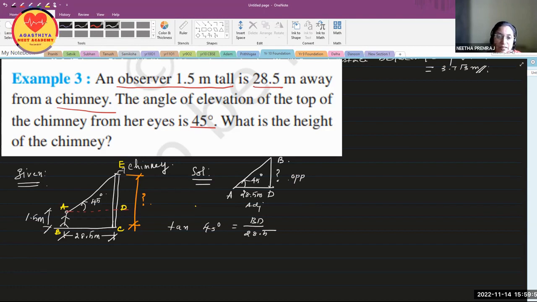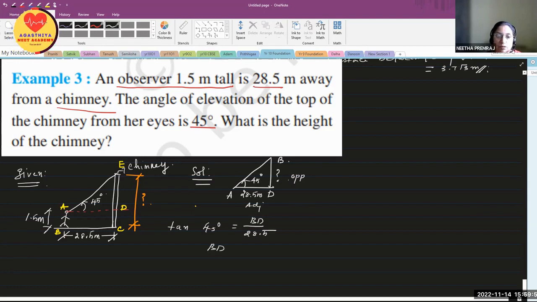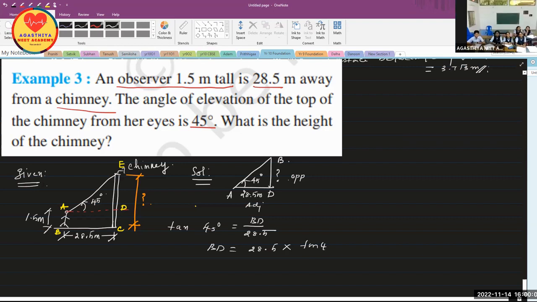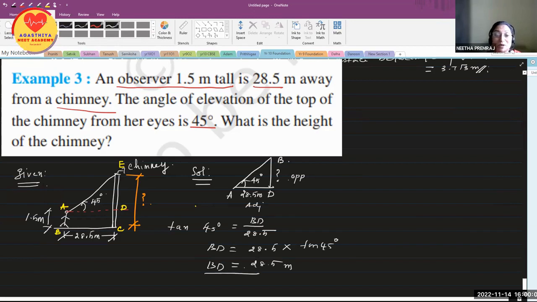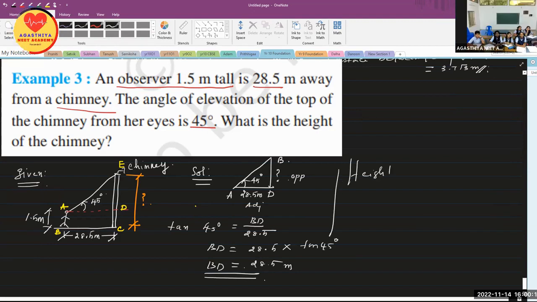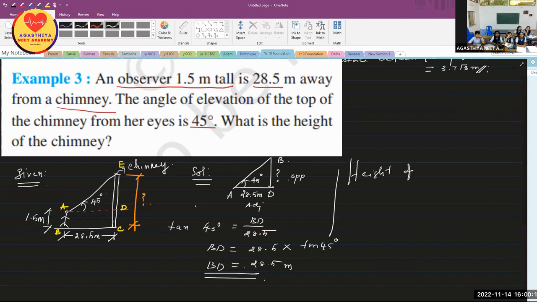So BD is equal to 28.5 times tan 45. What is tan 45? 1. So BD is equal to 28.5 meter. What about the height of the chimney? 28.5 plus 1.5.